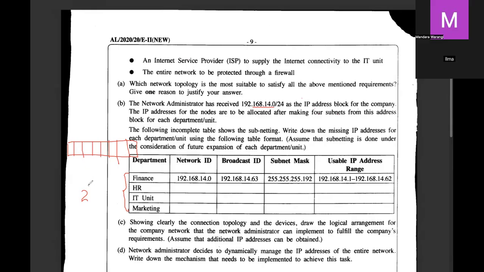If we divide this into four subnets, 2 to the power 2 is 4. So how many bits can we take? 2 bits are needed. We take the bits from the first side, so we take 2 bits. This becomes 1 and these are again 0.